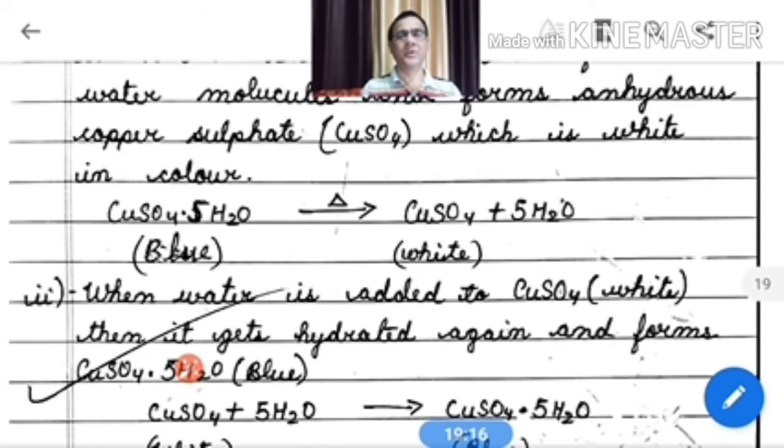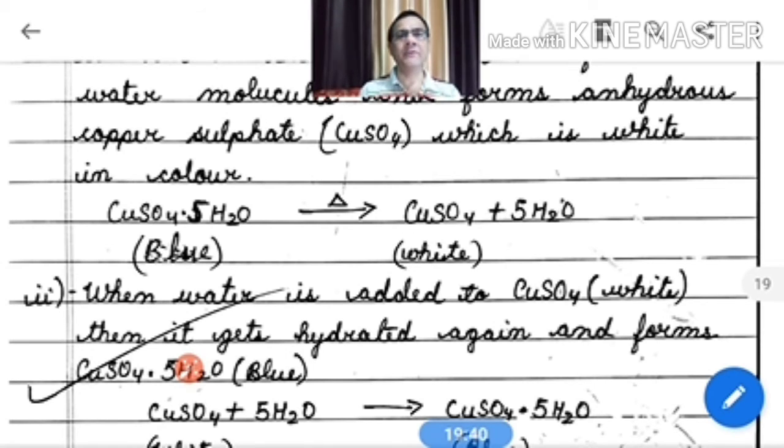See what is happening here on heating the hydrated salt. I have taken CuSO4.5H2O, and this is called copper sulfate pentahydrate, and it is available in the labs. Its actual color is blue. When it dissolves in water, it gives a very beautiful blue color.